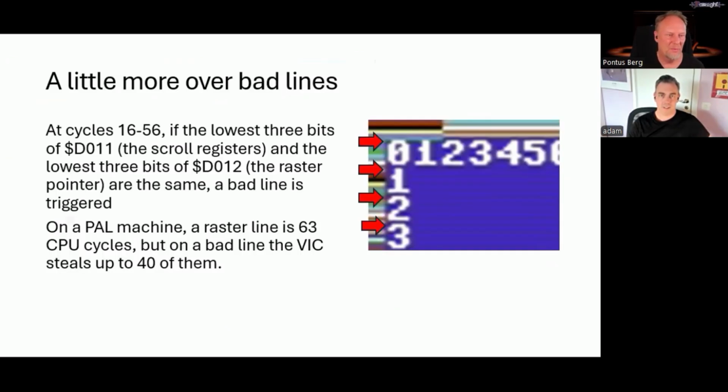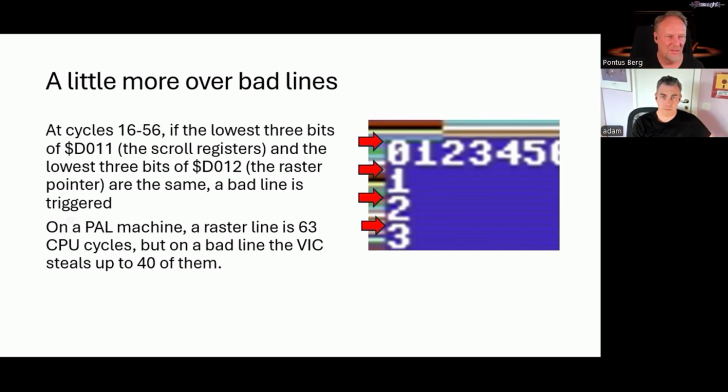I think we've captured a bit of this, but bad lines. So on the first raster line of a row, did I get the terms right, is a bad line. That is when the scroll registers, the low 3 bits of D011, are the same as the low 3 bits of D012, which is the raster counter.